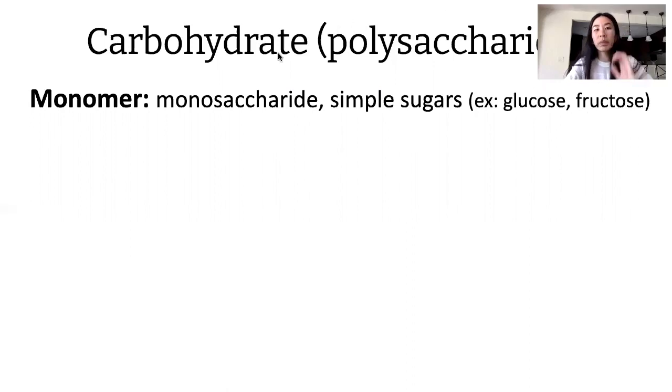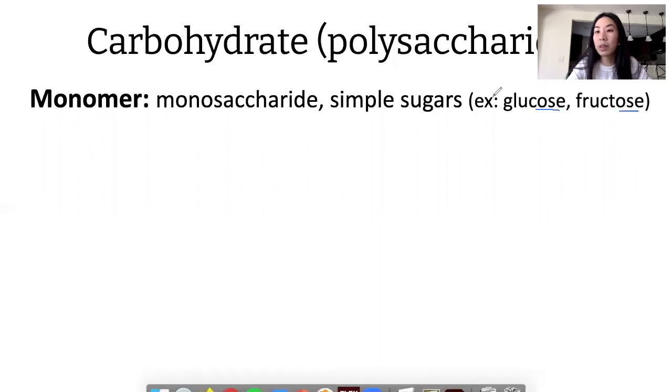One thing that hopefully you recognize is a lot of these sugars end in -ose. So if you see a word that ends in -ose, it's probably going to be a sugar, which is going to be part of the carbohydrate family.